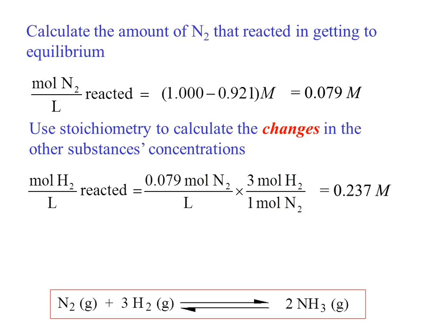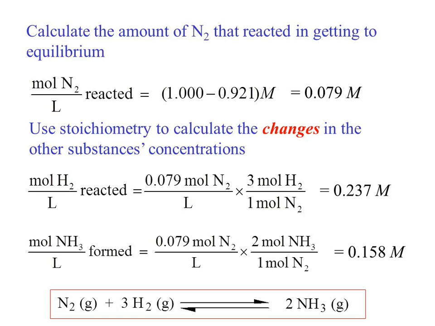Well, based upon this change and the stoichiometry between nitrogen and hydrogen, you can come up with the change of the hydrogen. Okay, that's that. And then this last one is to come up with the change in the molar concentration of ammonia. Again, based upon this change and the stoichiometry, the 1 to 2 relationship between these two, you can come up with the change of the ammonia.